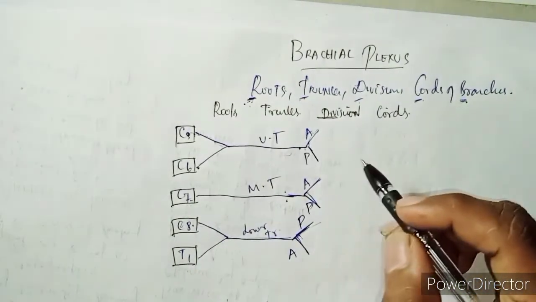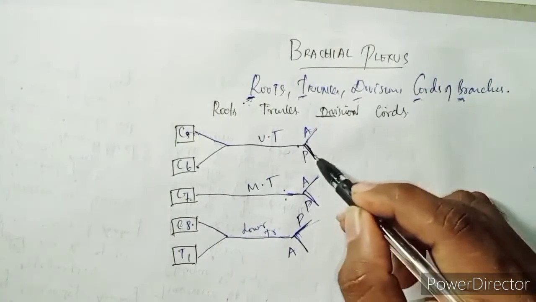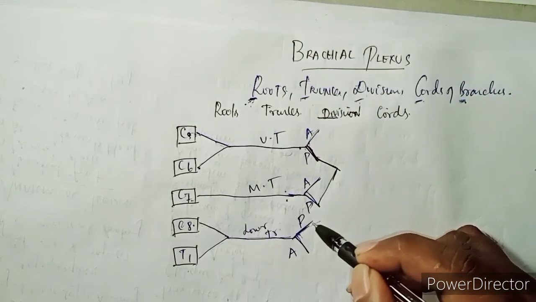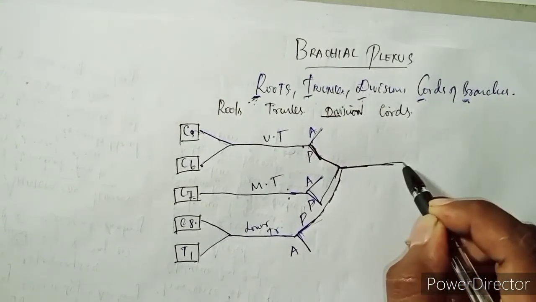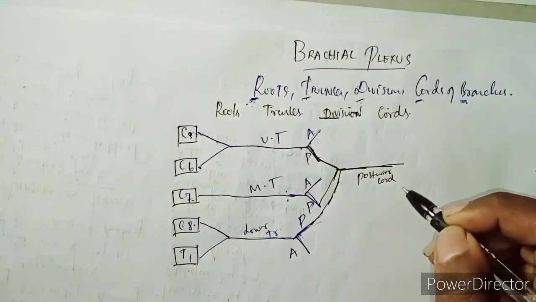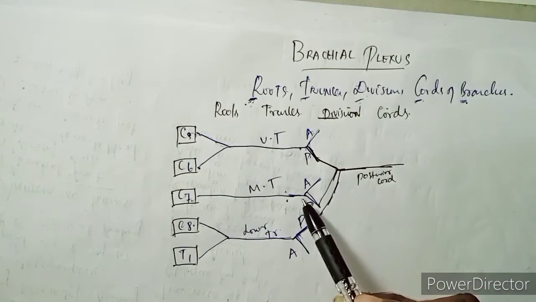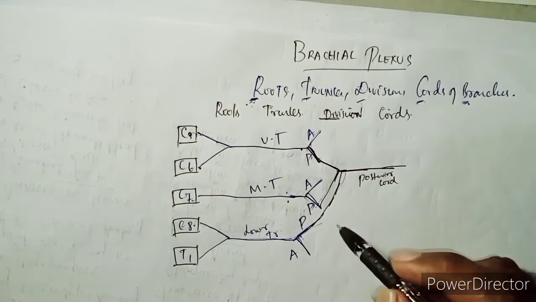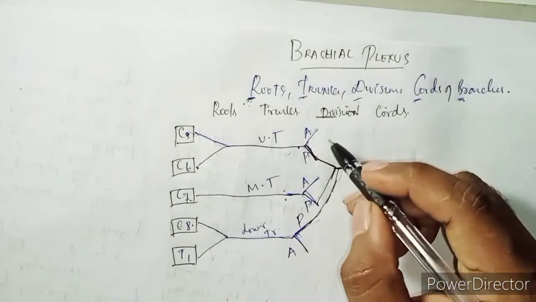Watch carefully: the posterior division of the upper trunk, the posterior division of the middle trunk and the posterior division of the lower trunk, all the posterior divisions of the trunks, unite to form a cord, that is the posterior cord.